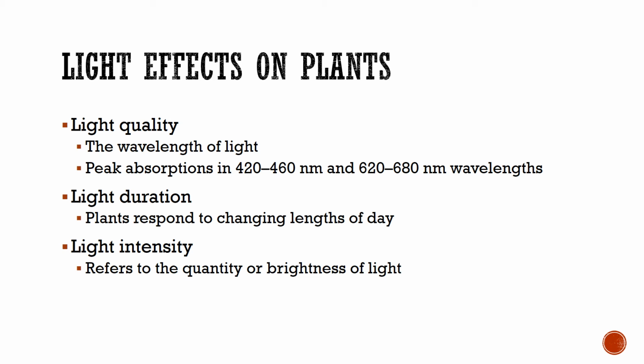If you look in your book, around page 231, you can see those nanometers and how they affect the rays coming from the sun. Then light duration: we look at that because of the plant's response to changing day lengths. If I plant a corn crop in March, the day length is going to be different than it is in June.